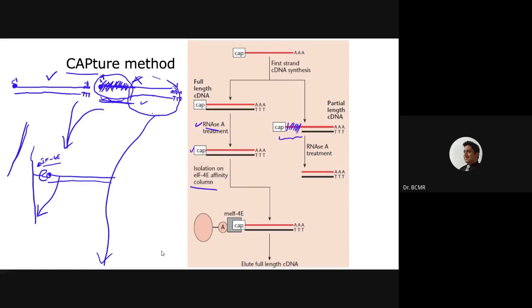So when you process it through a column containing the EIF4E factor, because it is specific to GCAP, all those that have the GCAP will bind and the rest will flow through. Once after washing, we can elute the full length cDNA, then synthesize the second strand cDNA, and then clone it or ligate it into a vector as per our need. Okay.